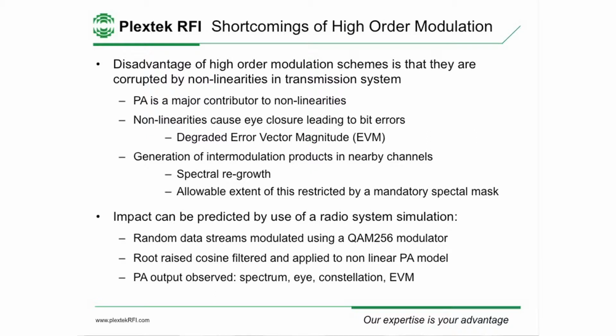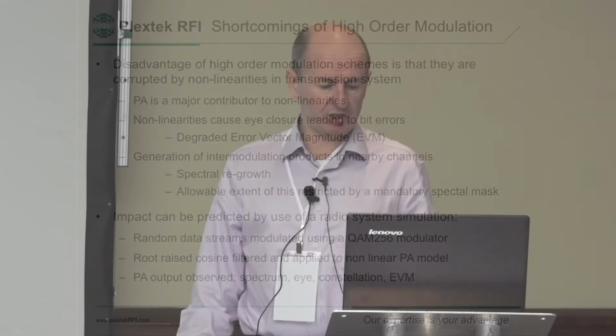And we can look at that in terms of degraded error vector magnitude. We see generation of intermodulation products in nearby channels, and that gives rise to spectral regrowth. So we see the sidebands growing and growing, and eventually they'll come up above that spectral mask.